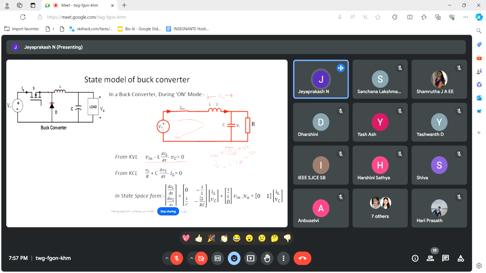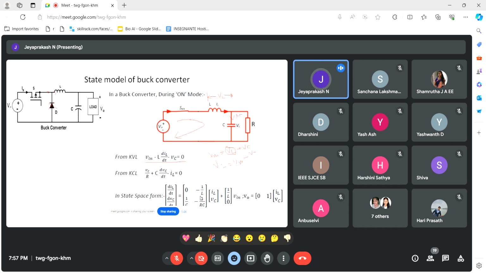From this, next I am going to find the current through the capacitor. I am using KCL to find the current through the capacitor, that is IC.